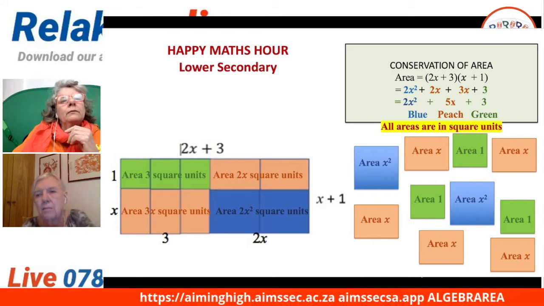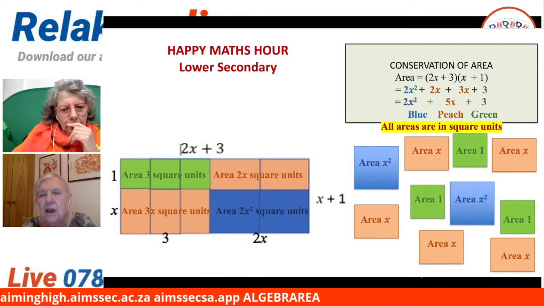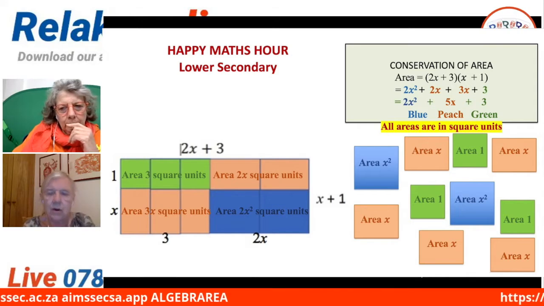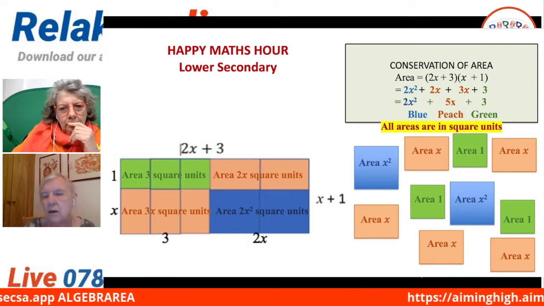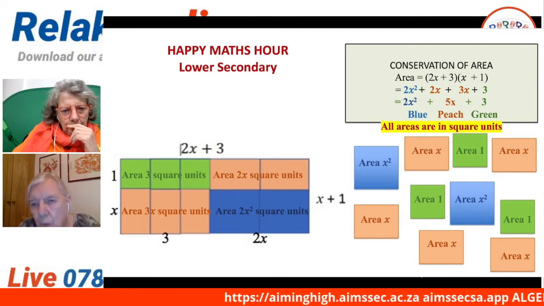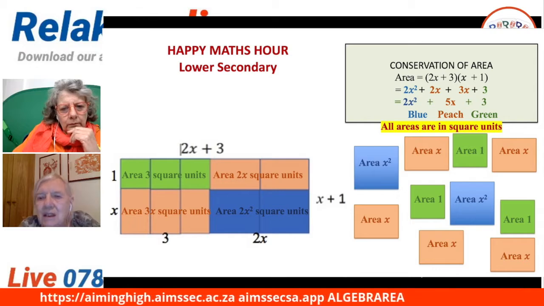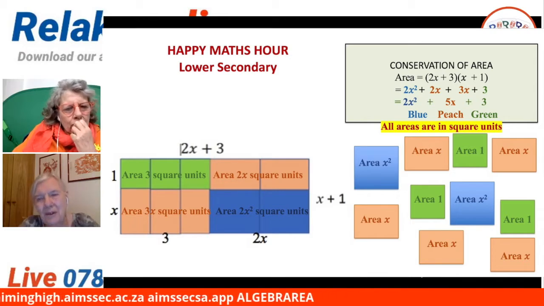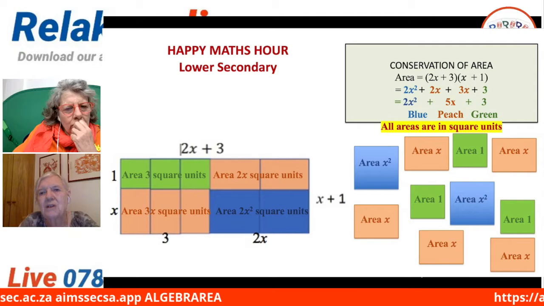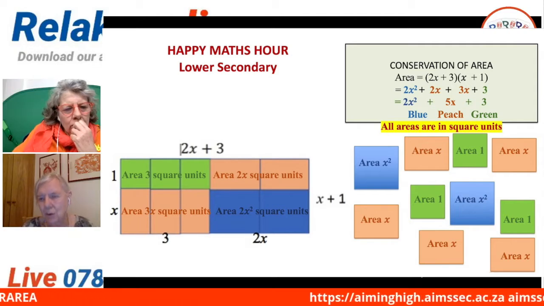And algebra then becomes something that's confusing and difficult. And as they go on doing more of it, they just get into deeper and deeper water. So what we're trying to tell you here is that the best way to get your head around algebra is to make sure that every step on the way you actually understand what you're doing.